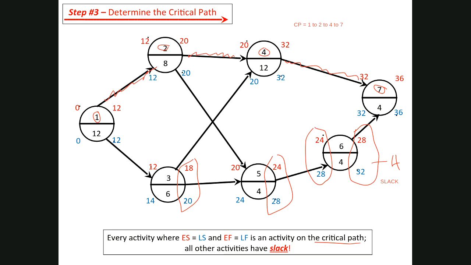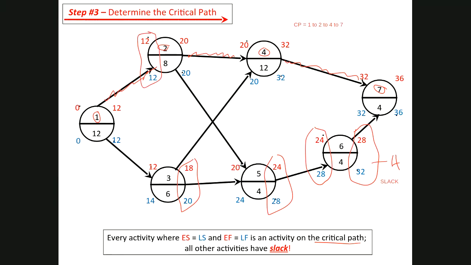But this tells you where there's some flexibility, whereas for tasks 1, 2, 4, and 7, they're on the critical path. Each one of these must be completed on time. And the only way that you can determine this is by considering these early start and late start, making those comparisons throughout the network.